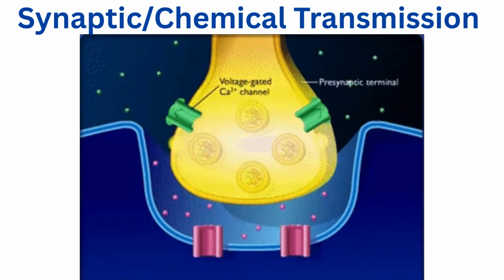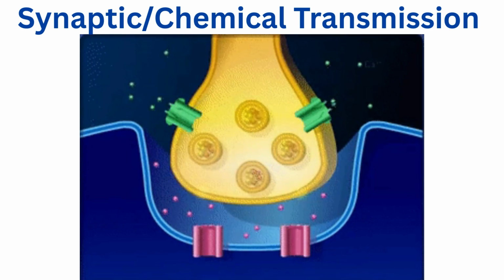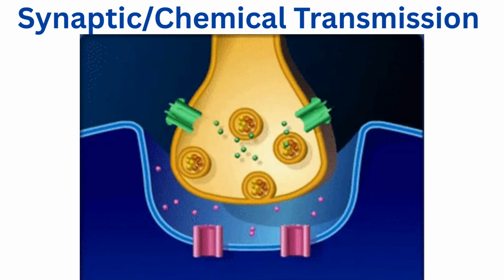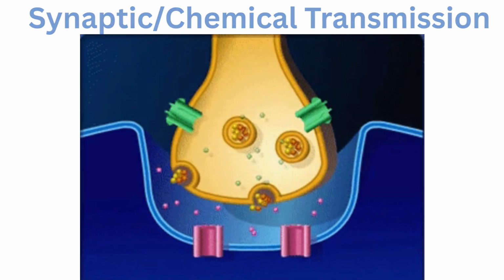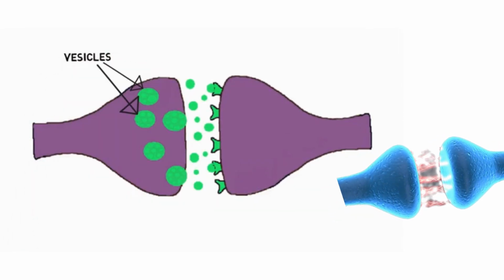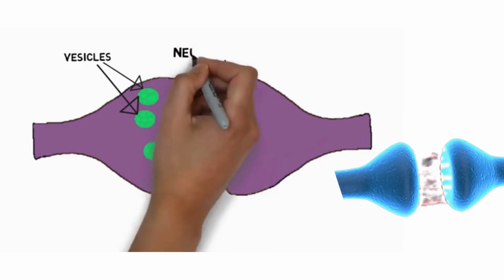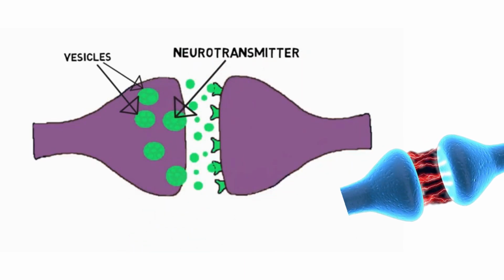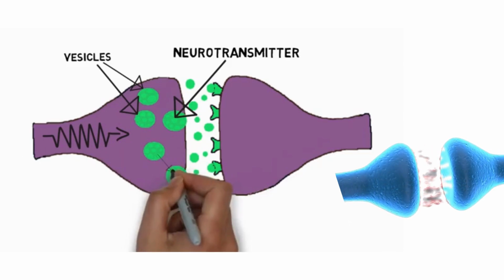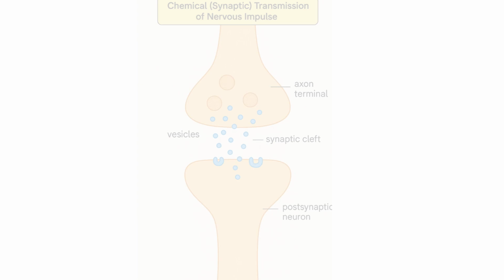Transmission of nerve impulses across a synapse is called chemical transmission. When a nerve impulse, that is an electrical signal, reaches the end of a neuron, which is the nerve cell, it can't jump directly to the next neuron or muscle. Instead, it crosses a tiny gap called the synapse.